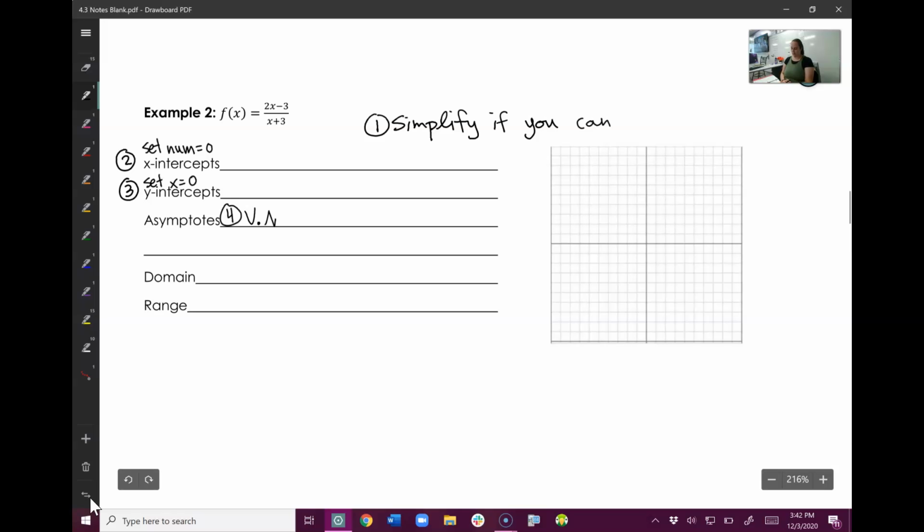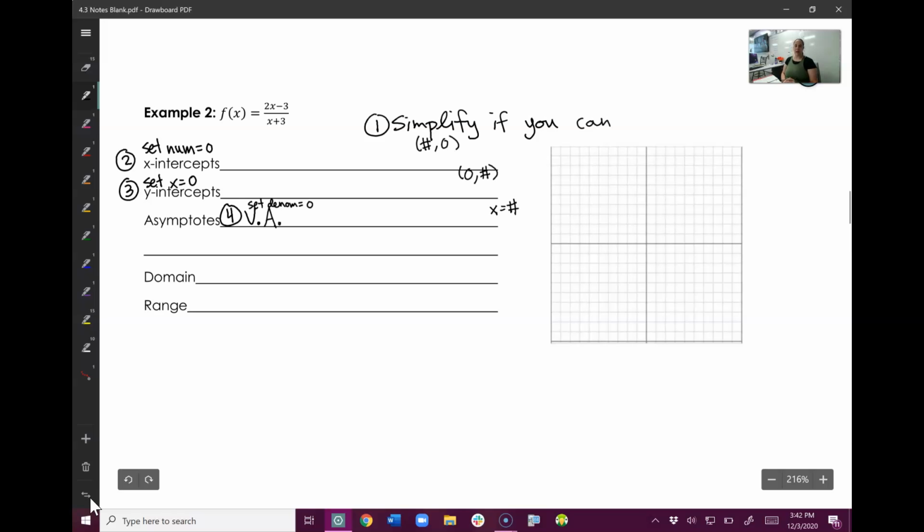And then we have our vertical asymptotes, which is where we set the denominator equal to 0 and solve. Your x-intercept should always be written number comma 0. Y-intercepts are 0 comma a number, and your vertical asymptotes are always x equals a number.